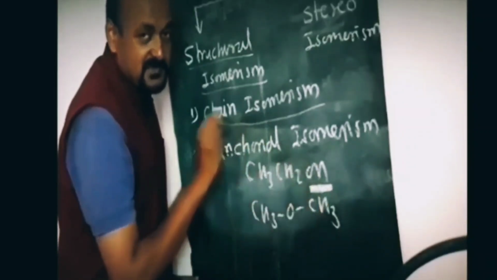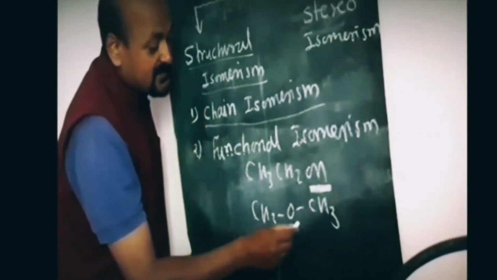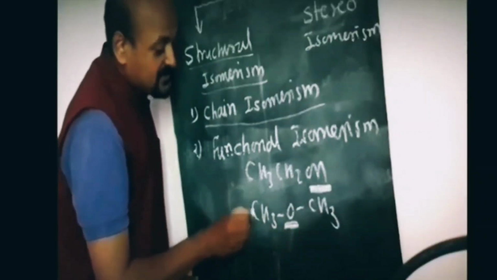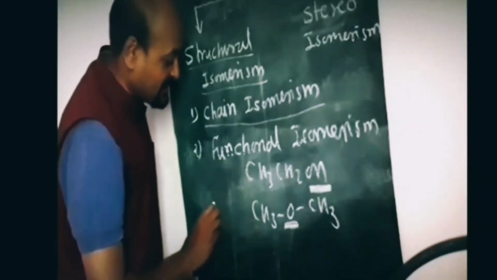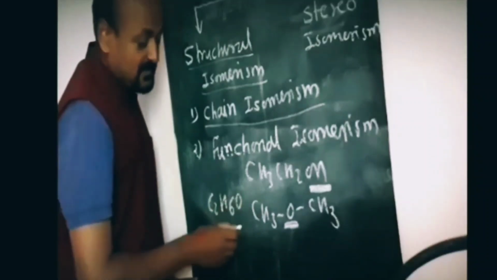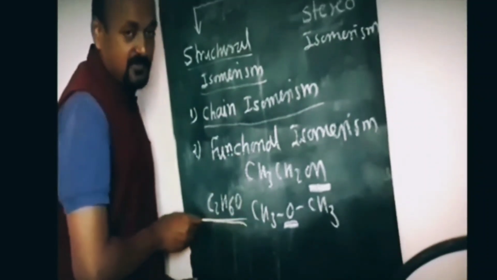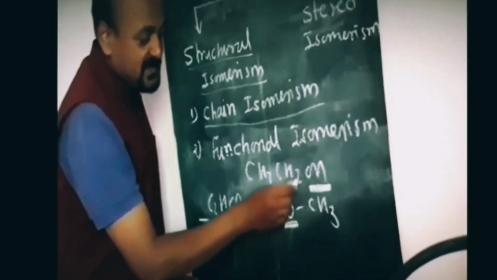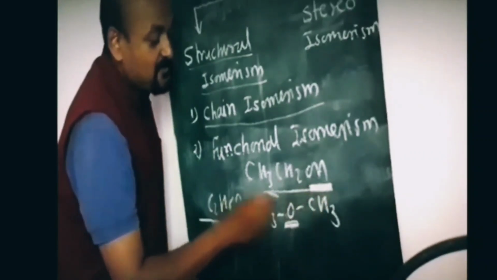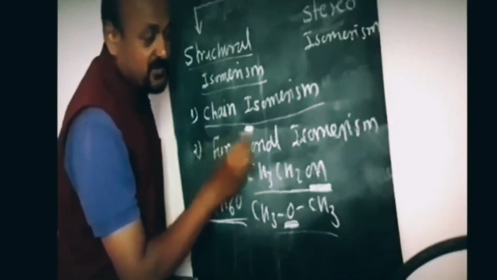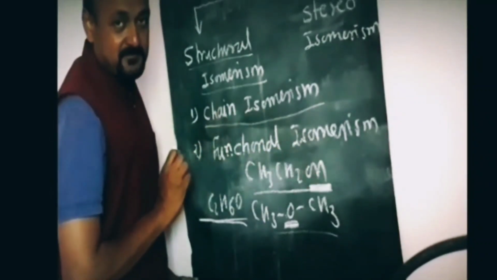Here functional group is alcoholic, whereas here functional group is the ether group. So these two compounds having same molecular formula, as you know, C2H6O. These two compounds having same molecular formula but different functional group. Such isomers are known as functional isomers, and this phenomena is known as functional isomerism.